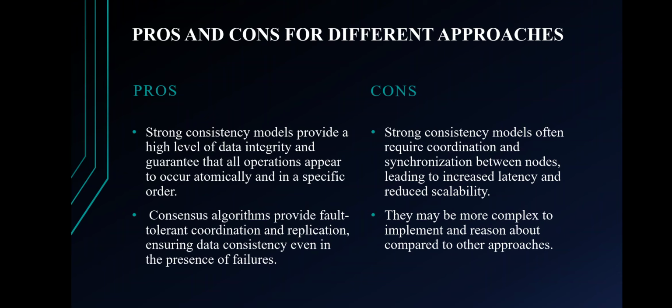We have many approaches in the field of distributed database management systems: strong consistency models, weak consistency models, concurrency algorithms, multi-version concurrency control, conflict-free replicated data types, and more. One by one we are going to see the pros and cons of these approaches.